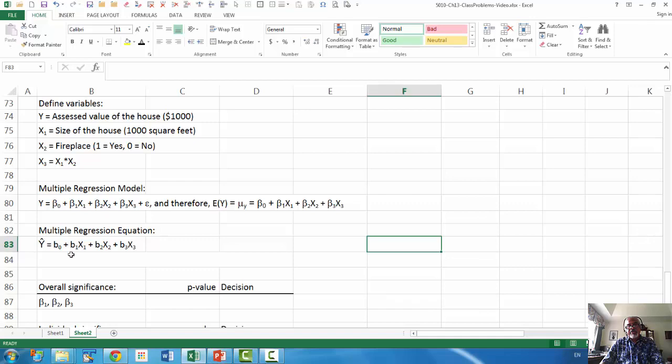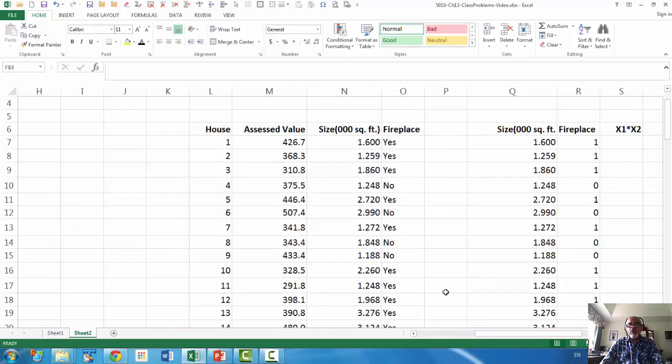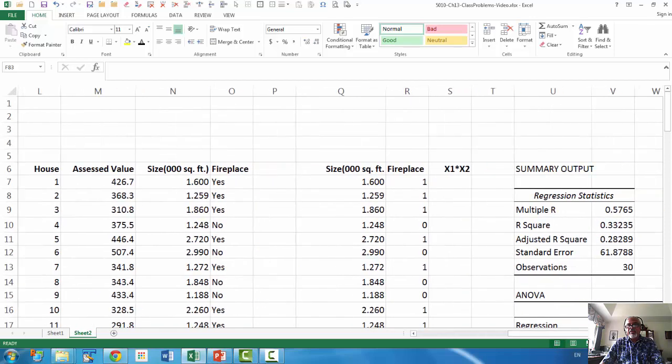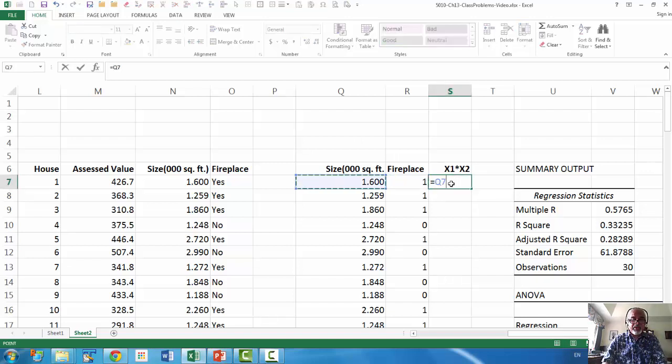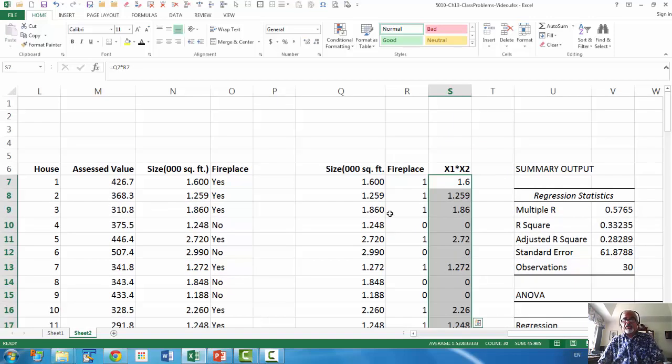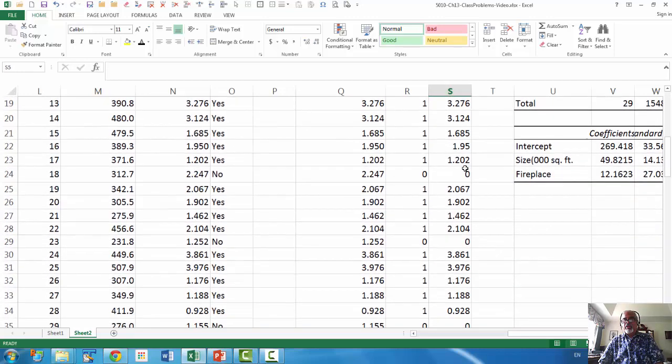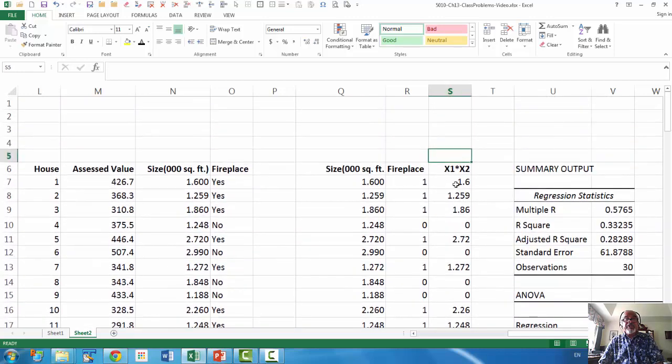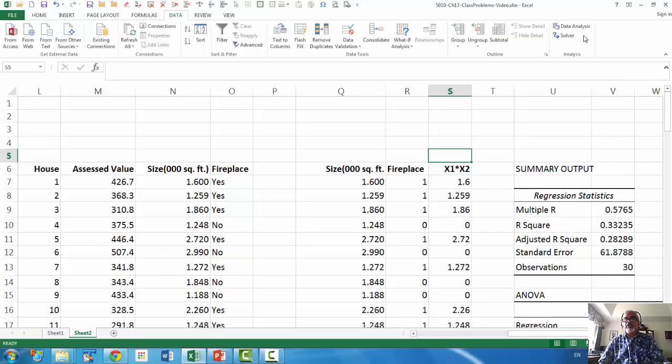So to estimate these b values, we have to have one more column for x sub 3. So this is our x sub 3, which is the product of these two. So we go x sub 1 times x sub 2. Okay, we set that up here. Now we have x sub 1, x sub 2, and x sub 3. Now we can run the regression with these three columns as our X range.